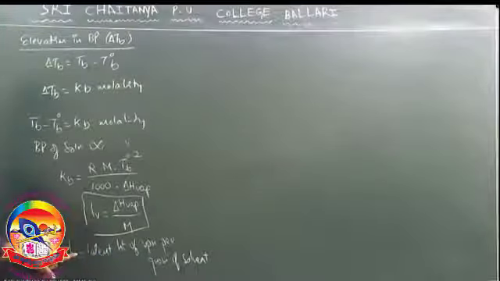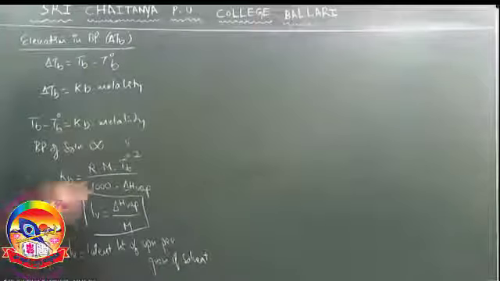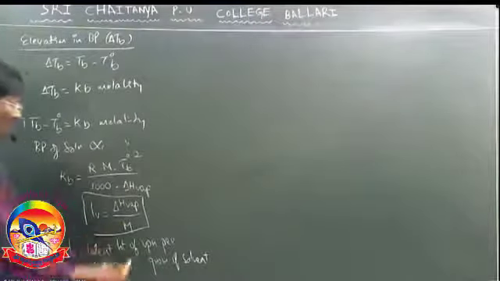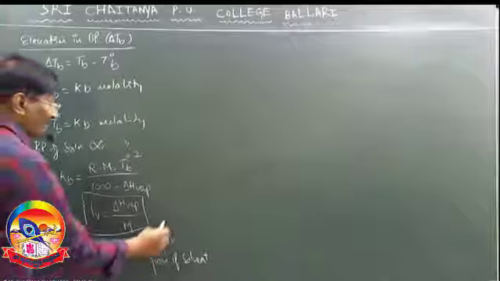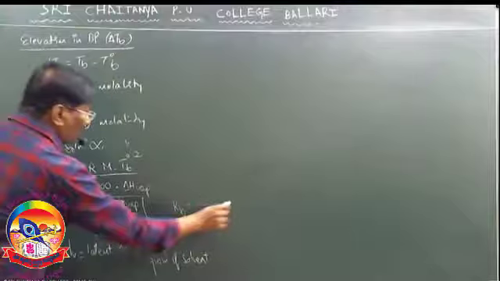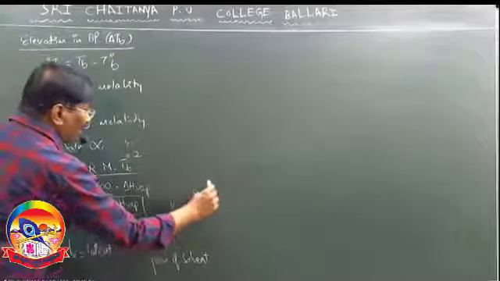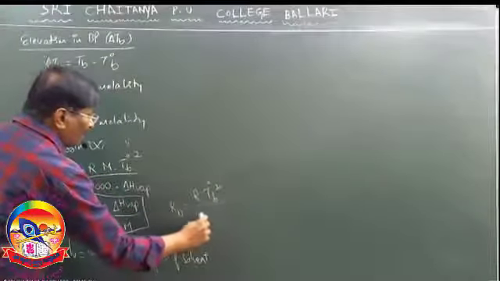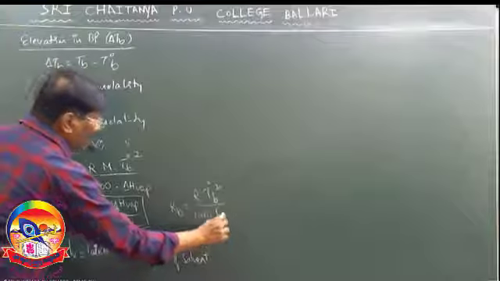Sometimes instead of these two, they may supply LV also. At that time, what is the formula you will get? KB is equal to R, then T naught B square, then 1000 LV.